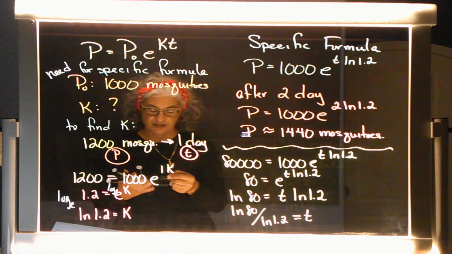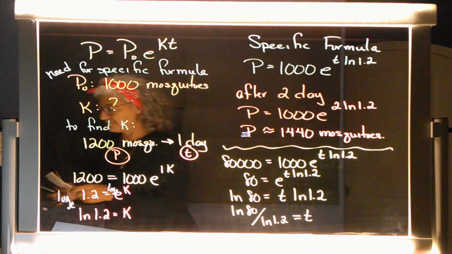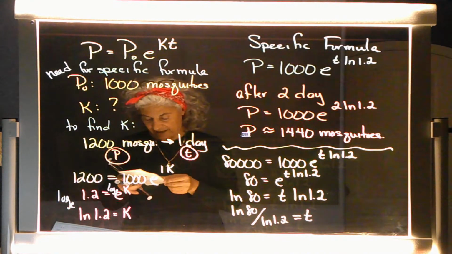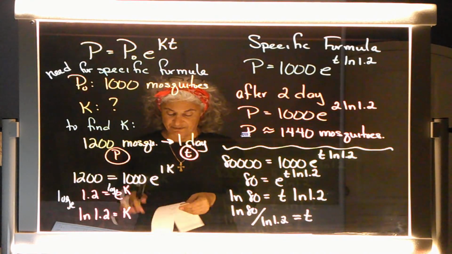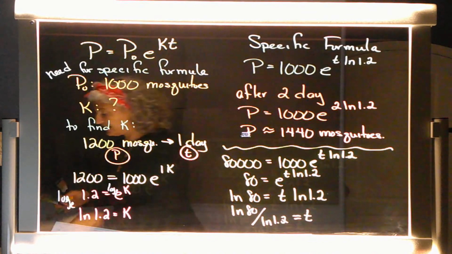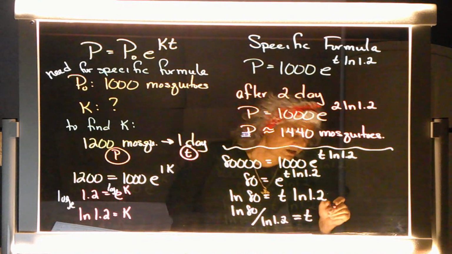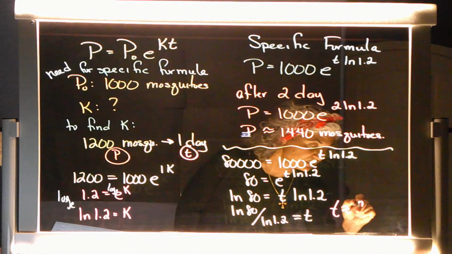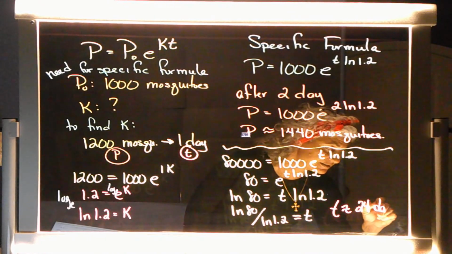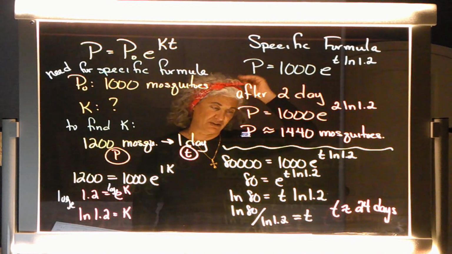Cool? Okay, so you get your calculator. I've already done my work, and I'm rounding to the nearest whole day. I ended up with, it takes approximately 24 days to get 80,000 mosquitoes.